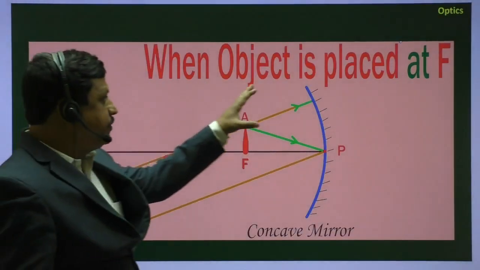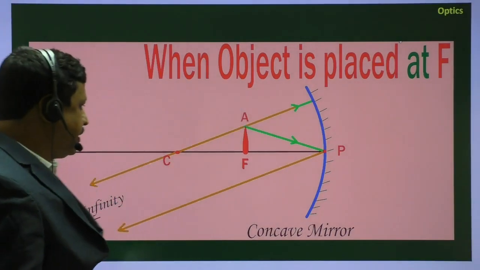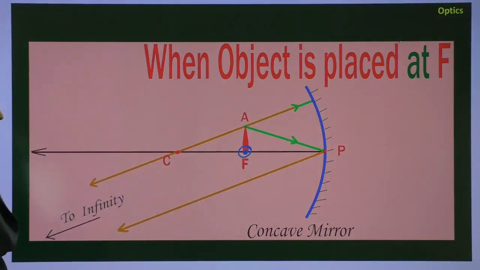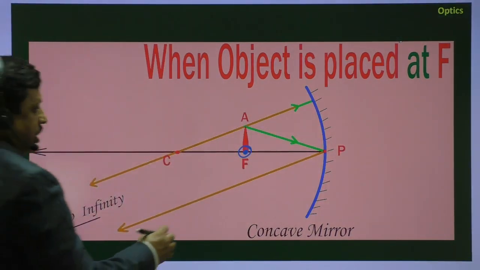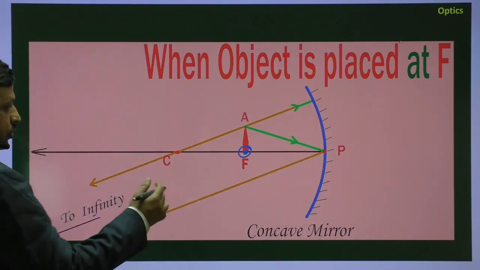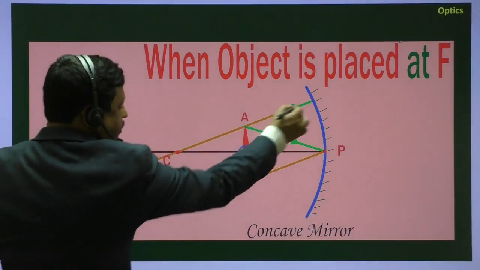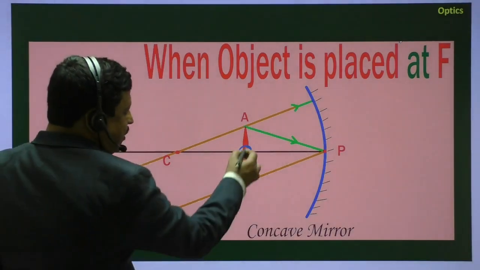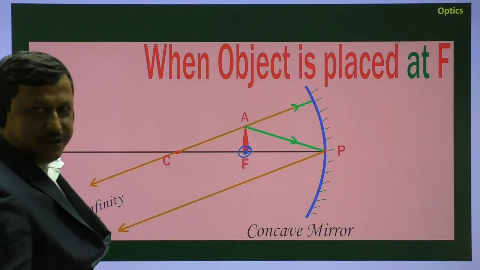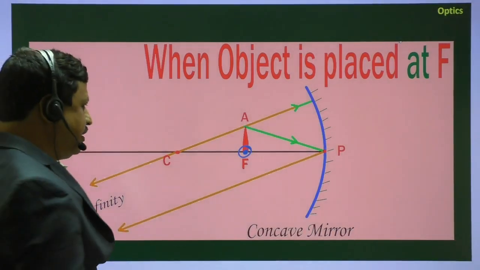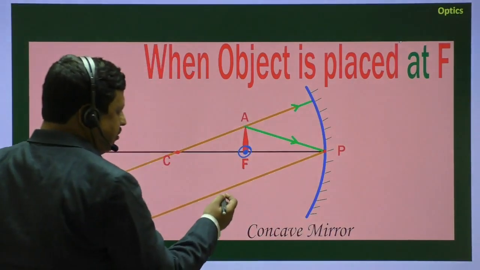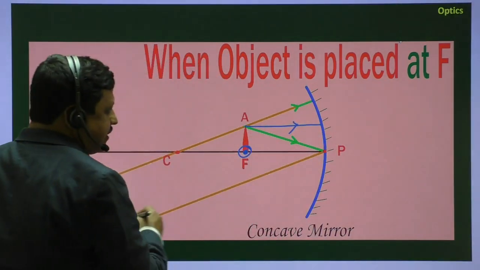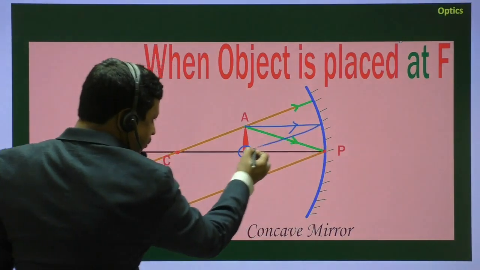And when the object is placed at the focus point, you have to draw two lines. One is from the center of curvature, which reflects back in the same line. You may also use the law that a ray parallel to the principal axis will move through the focus point.